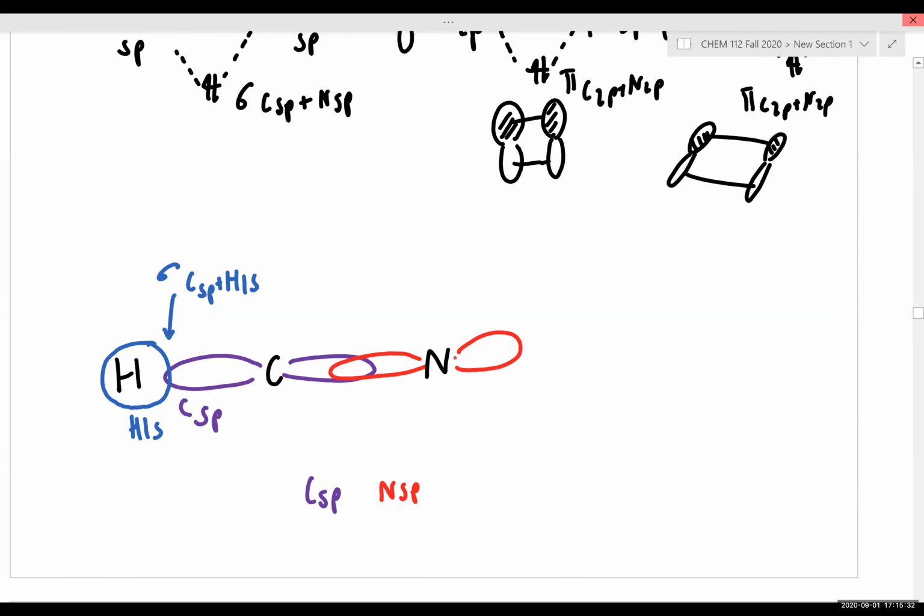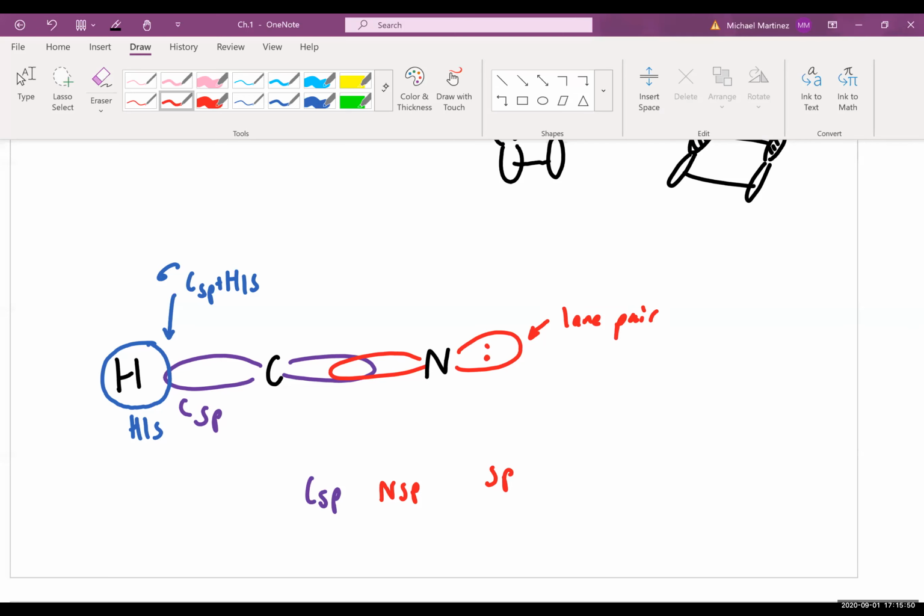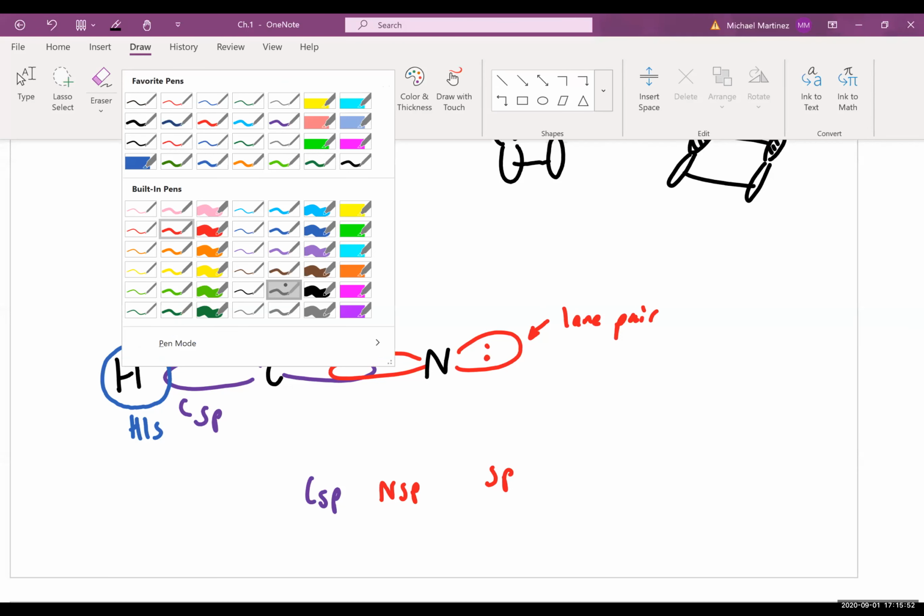And our second sp orbital is going to be used to hold a lone pair. Now this is important because if we understand where our lone pairs are located, we can begin to understand the energy and reactivity of that lone pair.